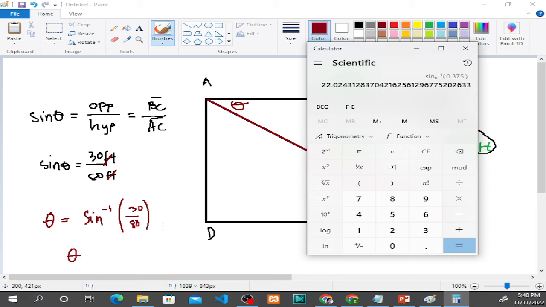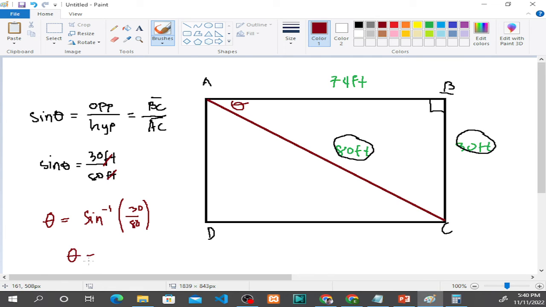Alright, so theta here is equivalent to 22.02 degrees. So that's it. That's how we get the value of the angle.